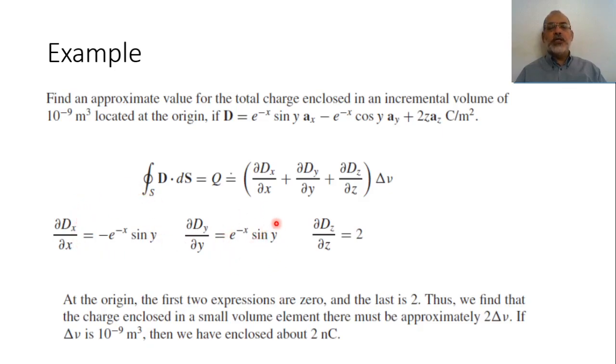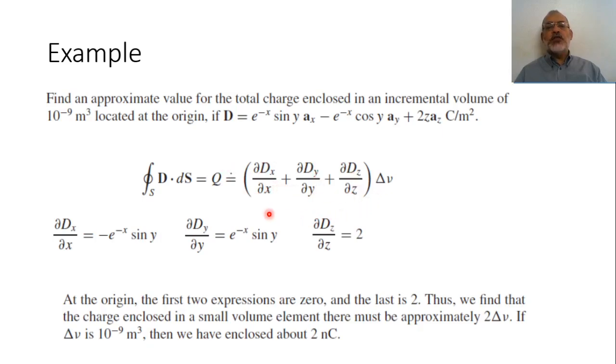Similarly, this term is 0 too, because sine y. And finally, this term is 2, it is constant. So, the value of the divergence of the electric flux density at the origin would be 2. This actually equals the volume charge density at this point.